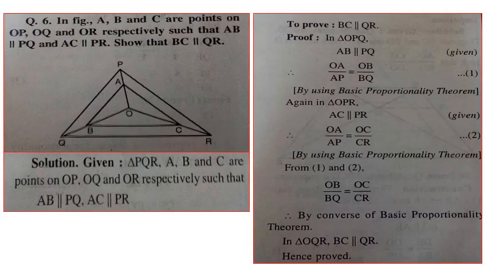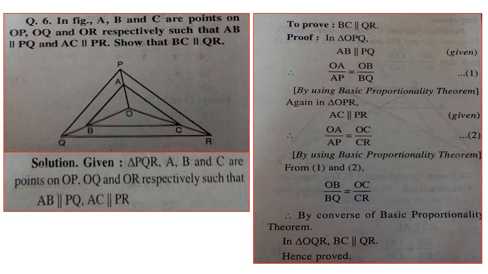Question number 6. In the figure, A, B and C are points on OP, OQ and OR respectively, such that AB parallel to PQ and AC parallel to PR. Show that BC is parallel to QR.